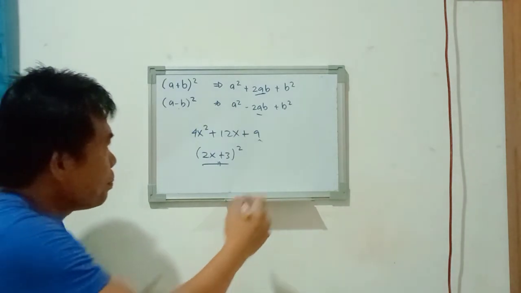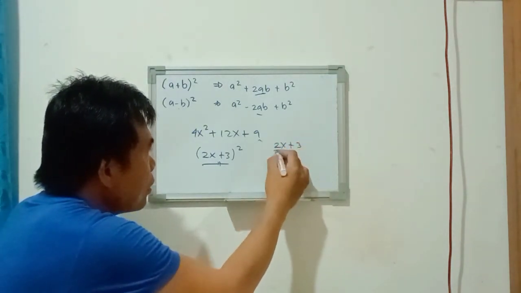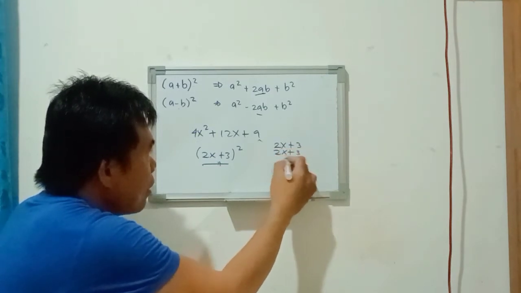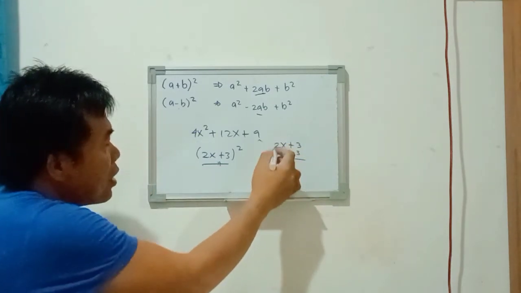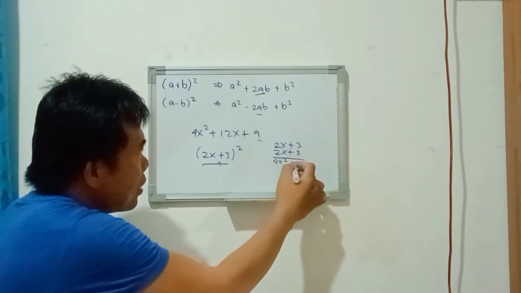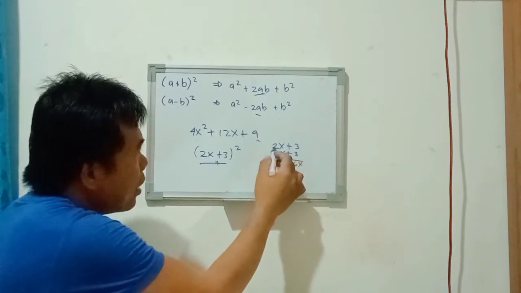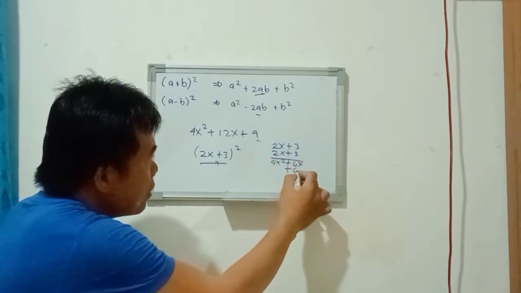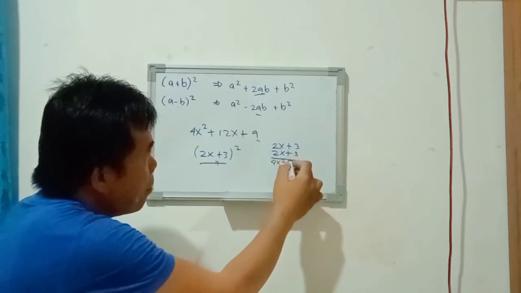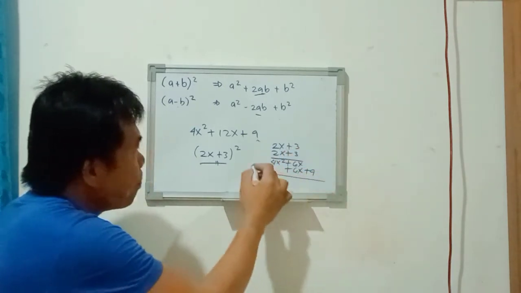So let's check. 2x plus 3, 2x plus 3. 2x times 2x is 4x squared. 2x times 3 is positive 6x. Plus 3 times 2x is plus 6x. Positive 3 times positive 3 is positive 9.